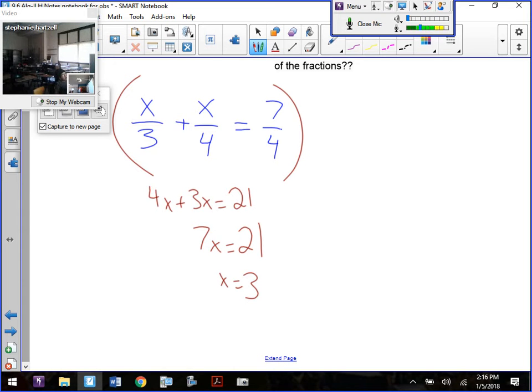What can't the denominator be? Can't be 0. So is 3 is 0? No, it is x in the denominator. So do I have to worry about that whole excluded value thing we were talking about the other day? Will we have to worry about that? Yes.